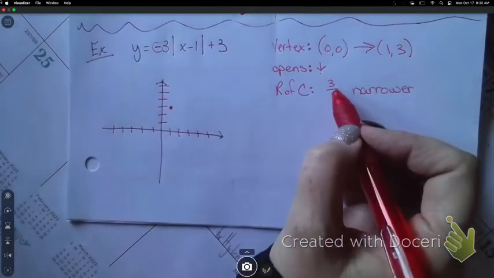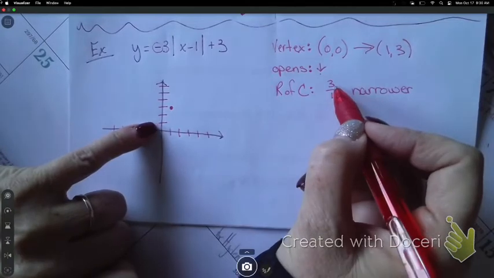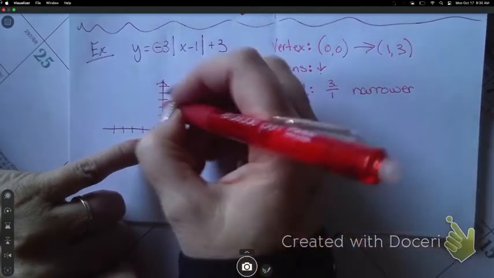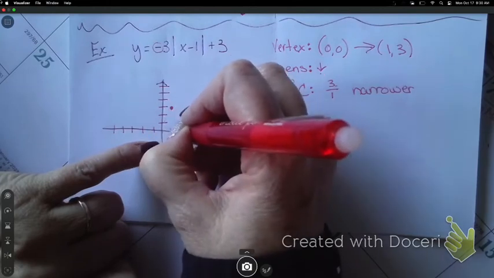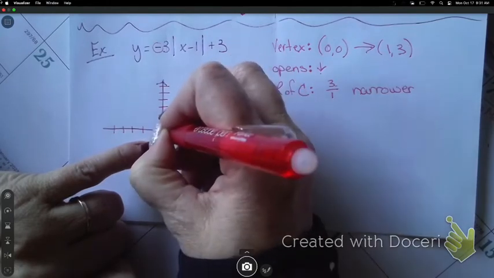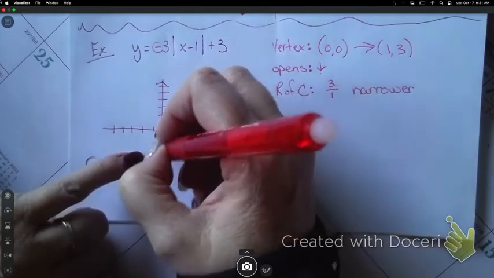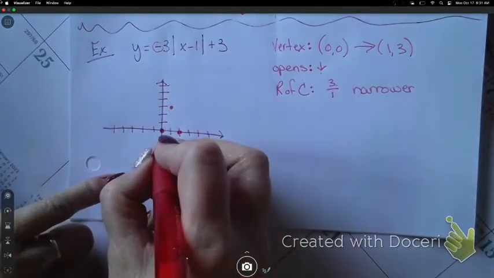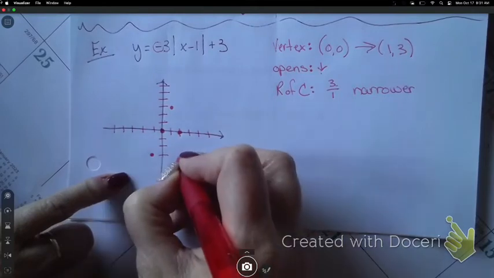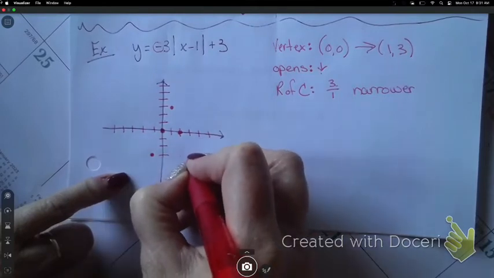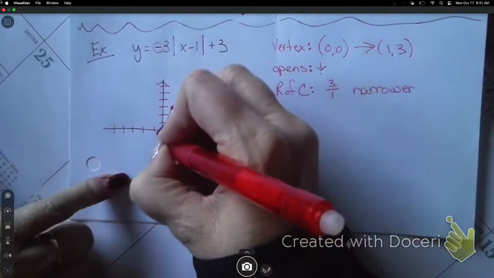So I go down how many? 3 and right 1 and left 1. So 1, 2, 3. Right 1 and left 1. And could I keep going if I wanted to? Yes. 1, 2, 3. Left one and right one.